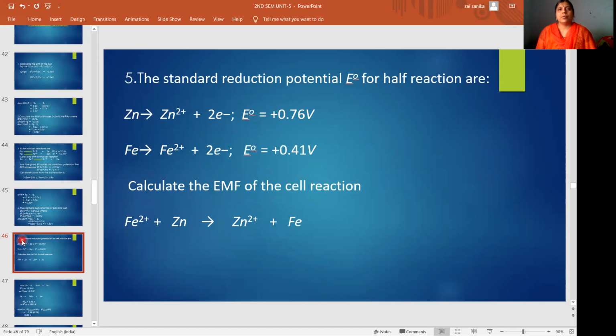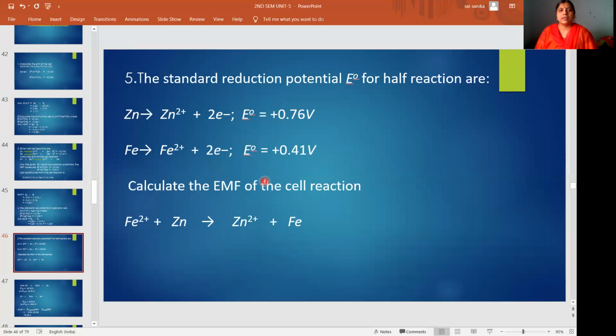So next, the fifth problem. The standard reduction potential E0 for half reactions are: Zn gives rise to Zn plus 2 plus 2 electrons, E0 is plus 0.76 volts; iron gives rise to iron plus 2 plus 2 electrons, 0.41 volts.